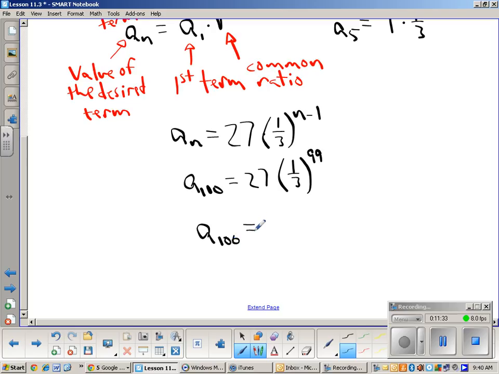What is it? 1.57166343. Oh, I got the actual answer, 1 times 10 to the negative 46. Thank you. I got a different answer because I put it in fraction form.